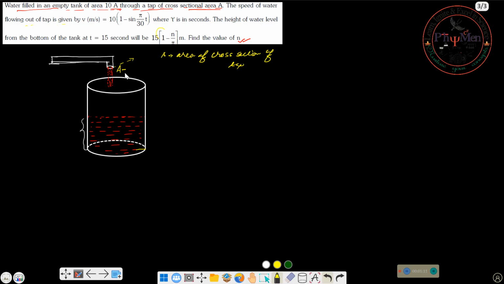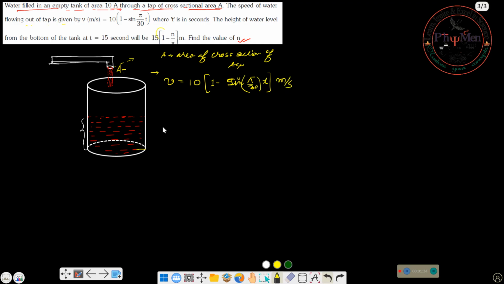And the velocity of the water flowing out of the tap is given as a function of time t, that is v = 10(1 − sin(πt/30)) meter per second.